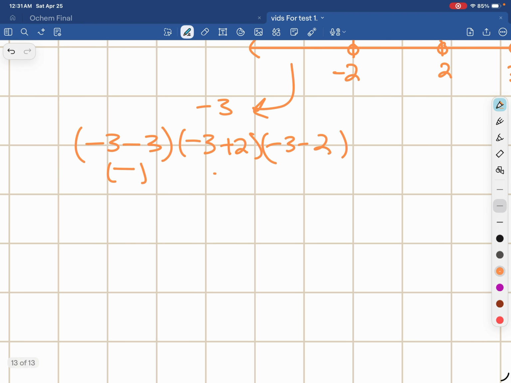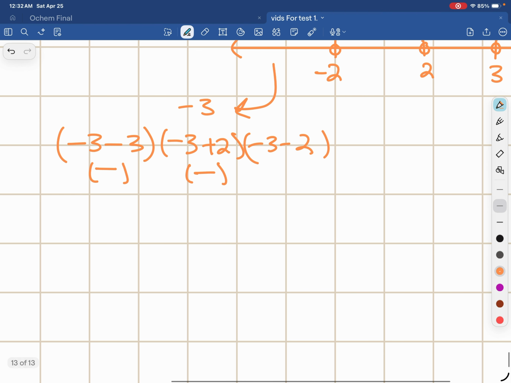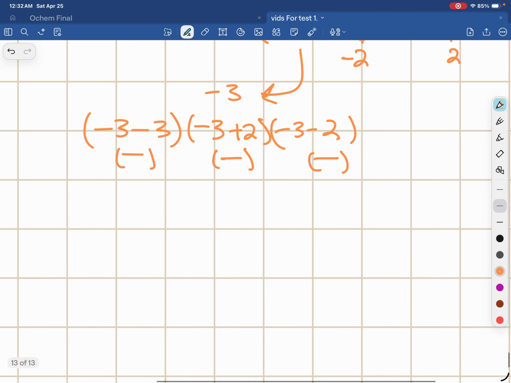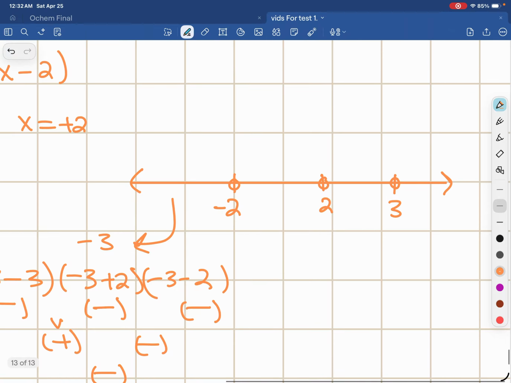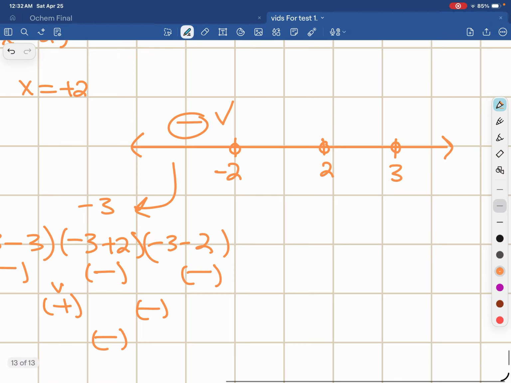This value we know is still going to be negative, and we have a negative. So right off the bat, we're able to tell what our first term is going to be. This is going to be positive once we multiply these together, and then a negative times a positive is a negative. So our first area will be negative. We'll put a little check mark as well to note that's what we're looking for.